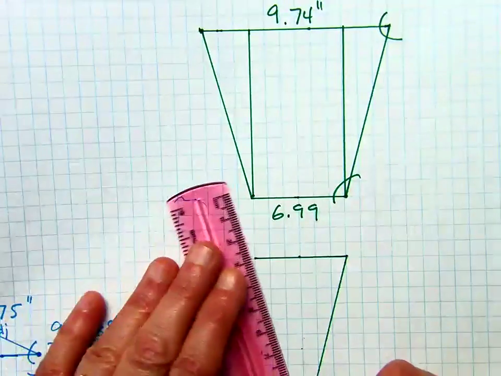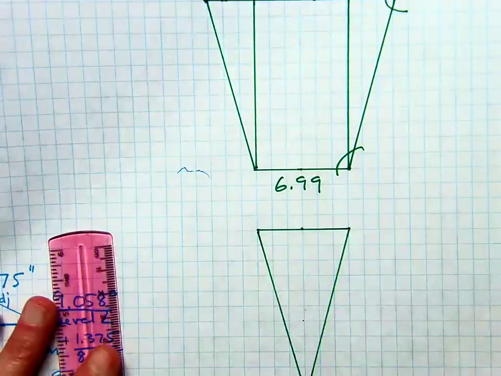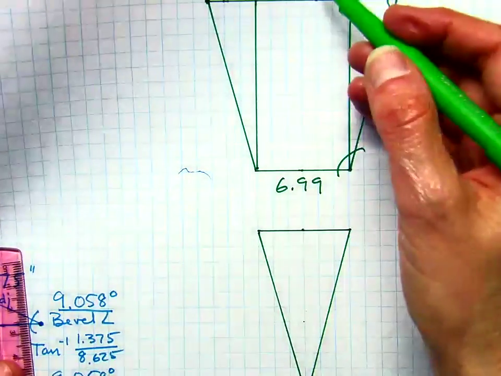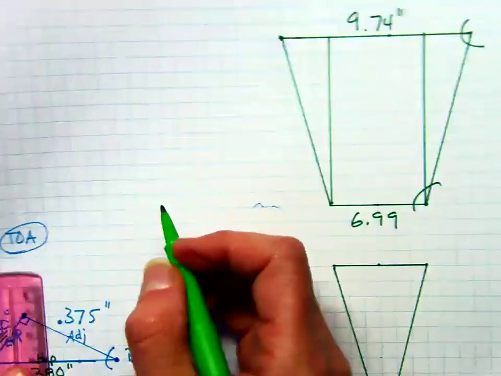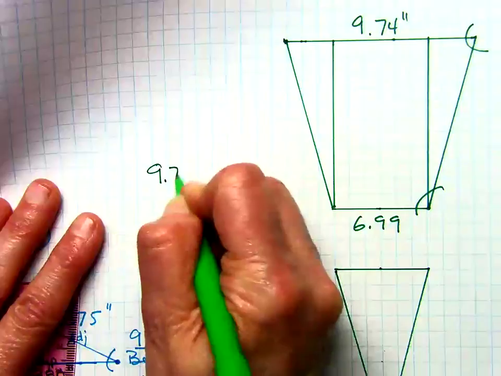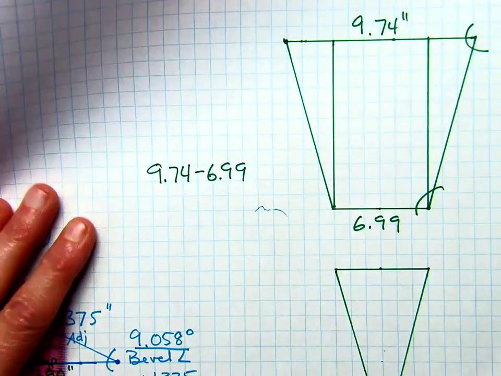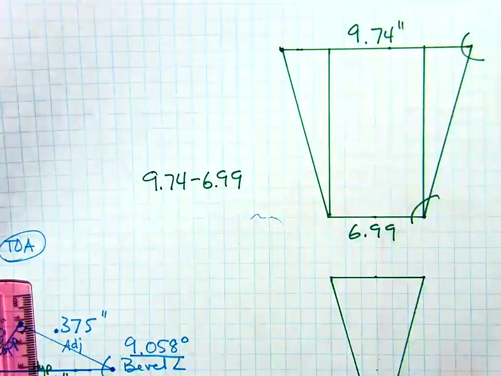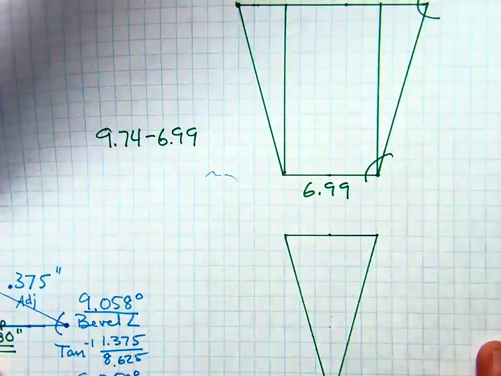So basically what I'm saying is if you subtract 6.99 from 9.74, you're basically pulling this out, and then you could squish the ends together.